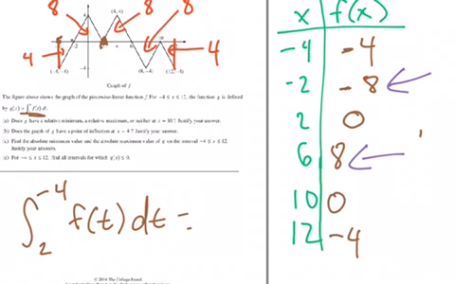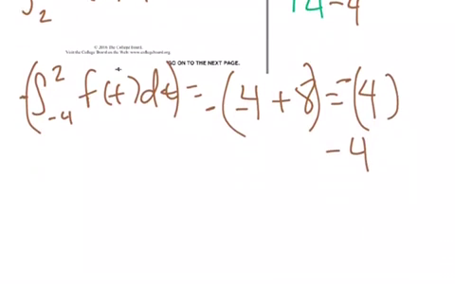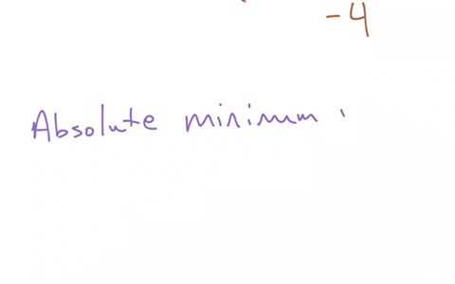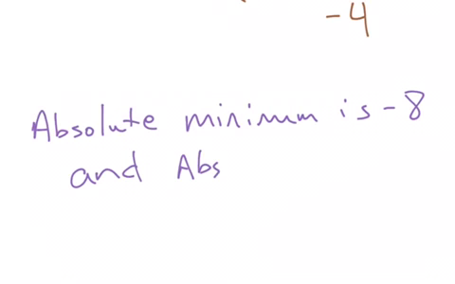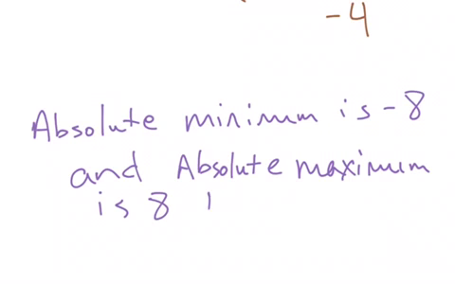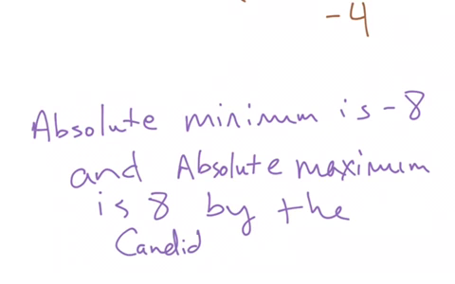Okay? If you want the formal way of writing this out, we can say, let's go down here, the absolute minimum is -8, and the absolute maximum is 8 by the candidate's test.